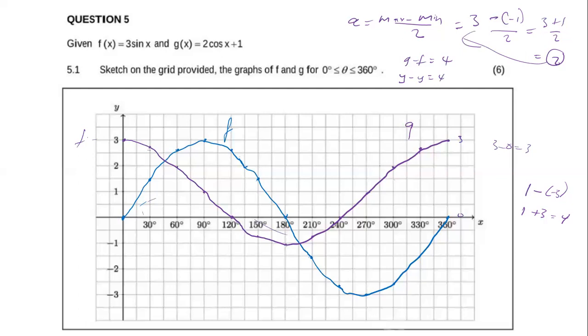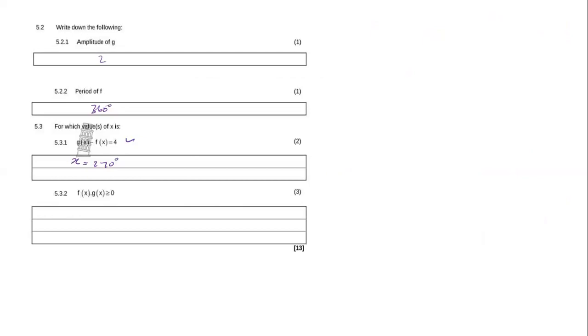Okay, all right. So now the following question, 5.3.2, says to us: f at x multiplied by g at x is greater than or equal to 0. So we want whereby when we multiply the y values of f by the y values of g, we get something which is above 0 or equal to 0.